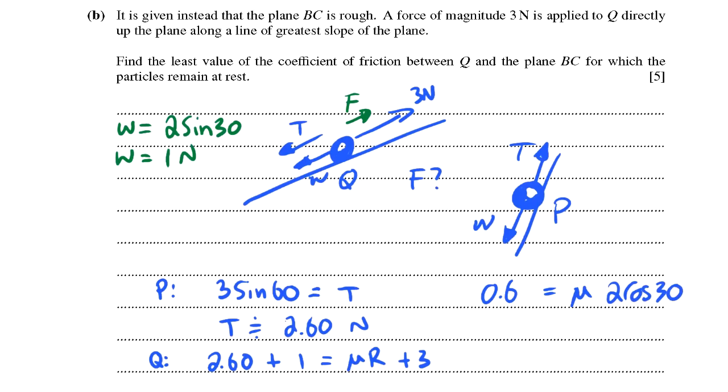Cos of 30 is root 3 on 2, so that's going to be root 3. So mu is equal to 0.6 divided by root 3. Remember we're using the exact value in my calculator. And I get the coefficient of friction is 0.3452, so we round it to 0.345.